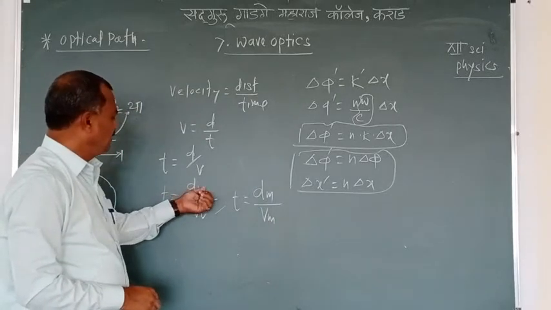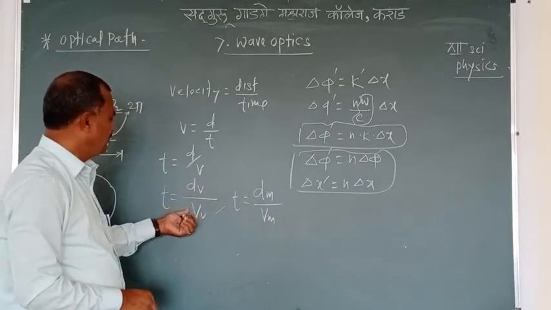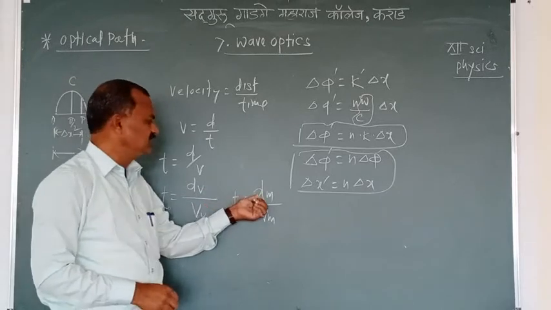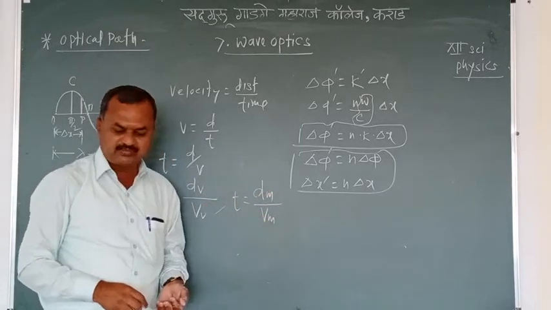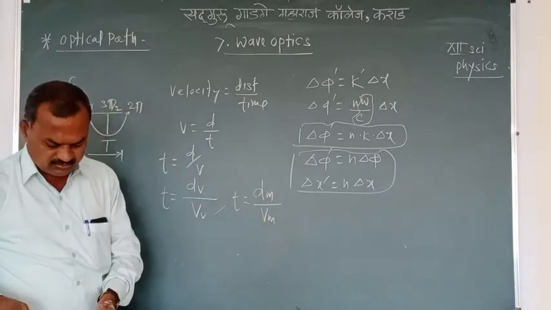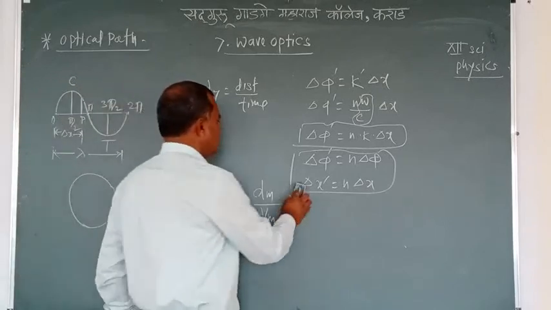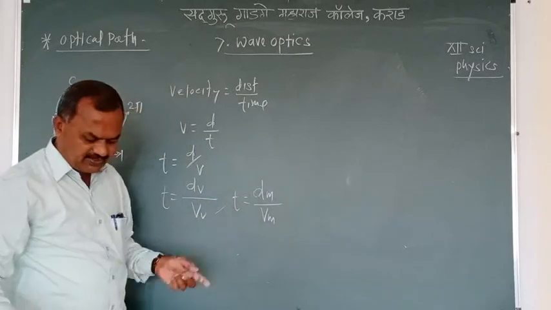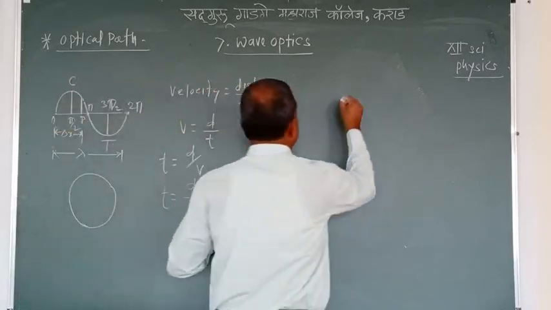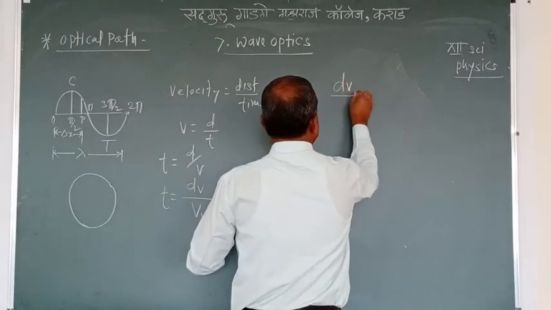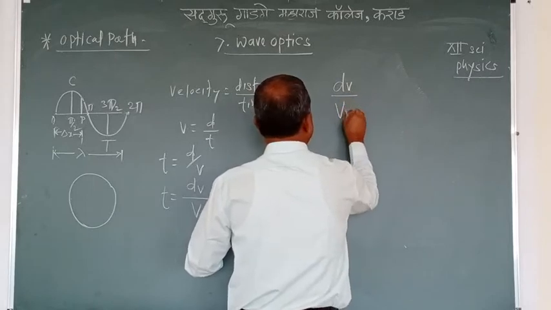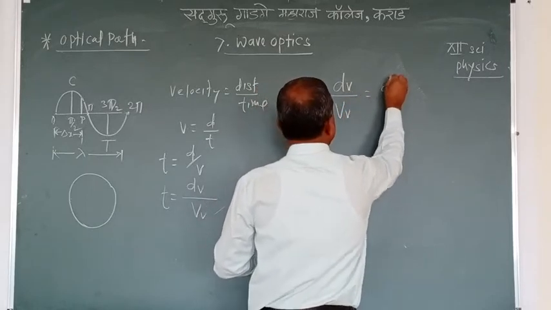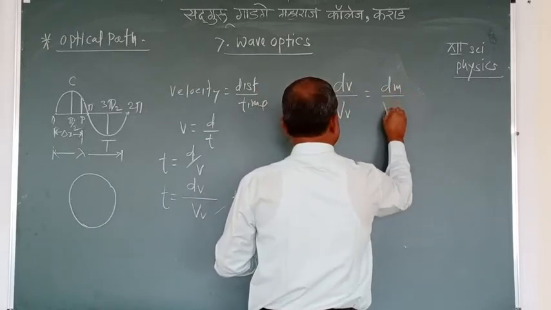By comparing these two results, LHS is the same, therefore equate RHS. Therefore dv divided by vv is equal to dm divided by vm.